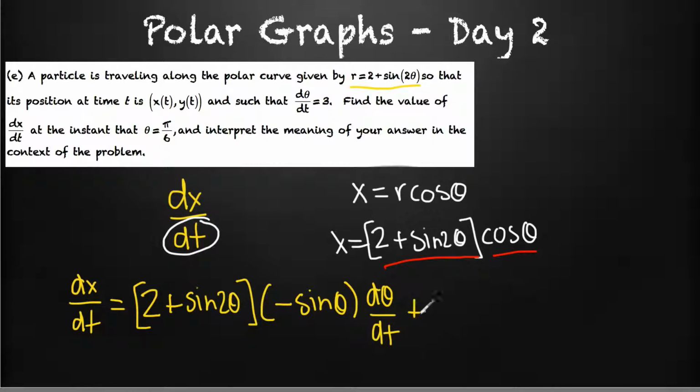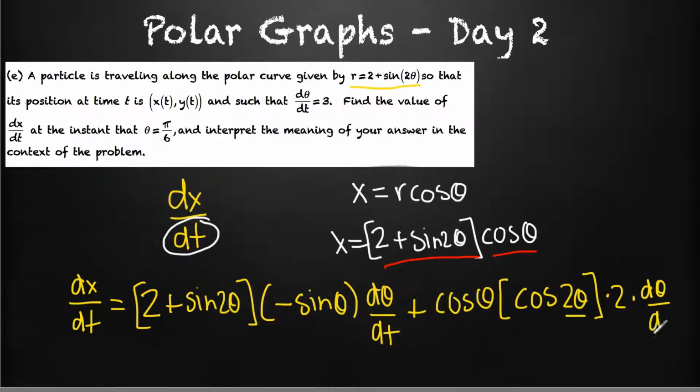And then you have plus the second function, which is cosine of theta, times the derivative of the first. Well, the derivative of 2 is just 0, and the derivative of sine is going to be cosine. We're going to use the chain rule here, so we're going to leave 2 theta alone, and then multiply by the derivative of 2 theta, which is 2, and then multiply by the derivative of theta, which is d theta dt.